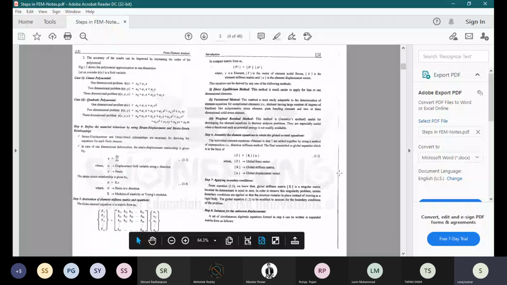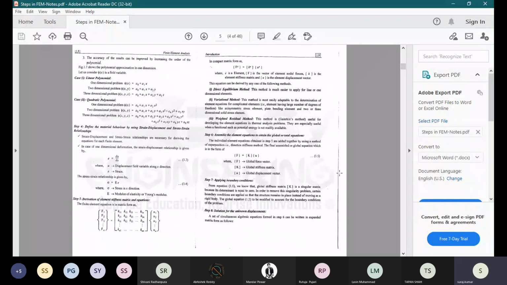Once you have selected the displacement functions, how to find out the various relationships, between displacement and strain and stress. Then development of the stiffness matrix.